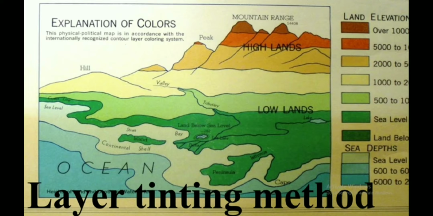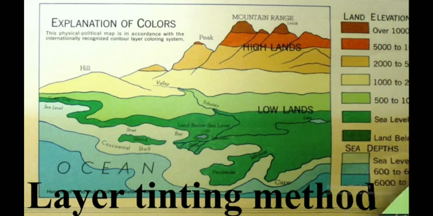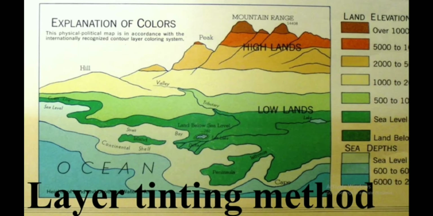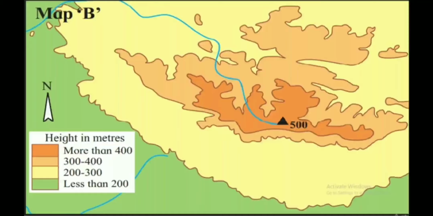As you can see in this picture, the different colors indicate different landforms. Rivers and oceans are shown in blue, the lowland is shown in light green, the higher land is shown in light yellow, and the mountain range is shown in brown. In this picture, the index is given on the left hand side. That index shows the color and the height.